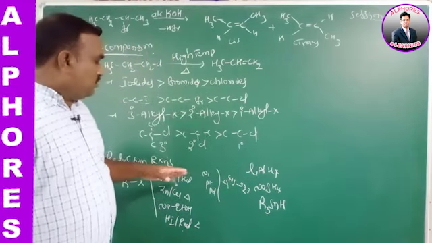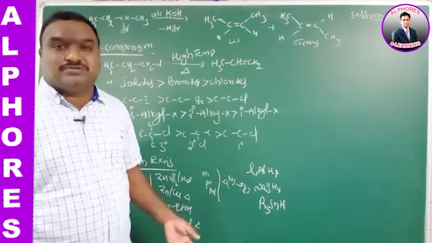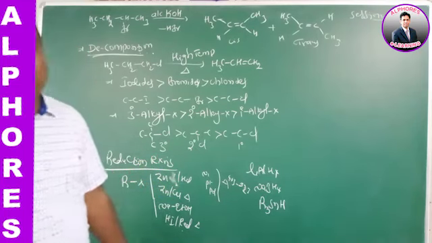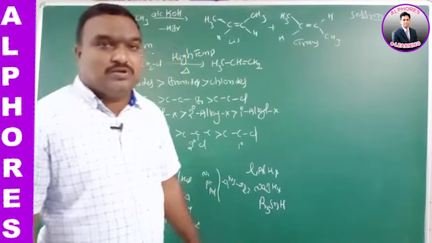So alkyl halides easily react with nascent hydrogen, activated hydrogen, to form alkane compounds wherever a saturated alkyl halide is given.